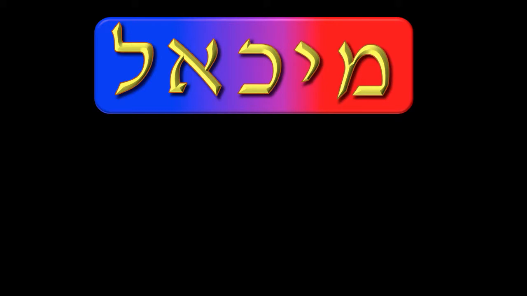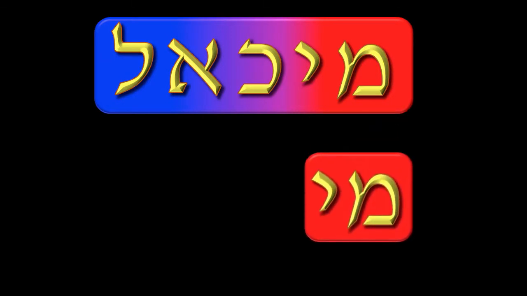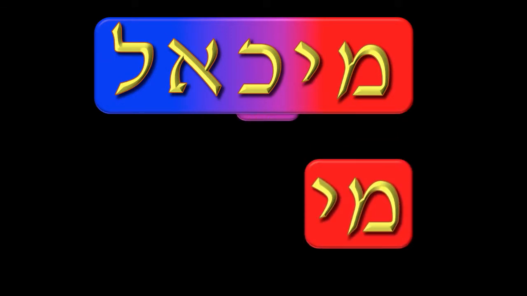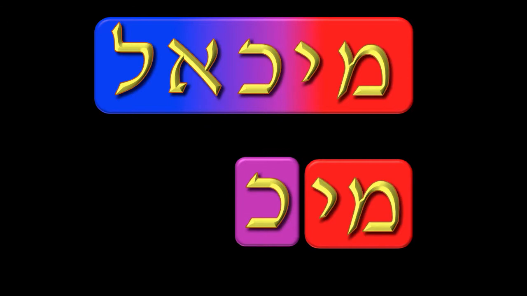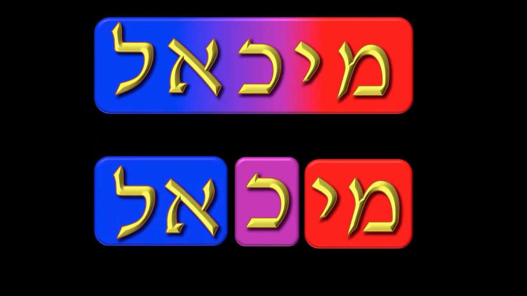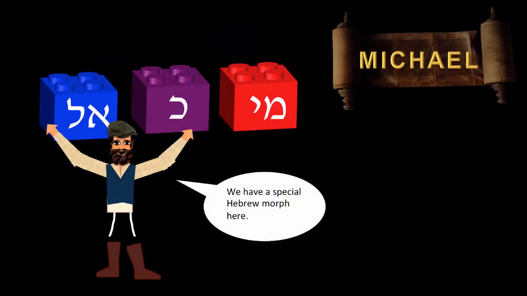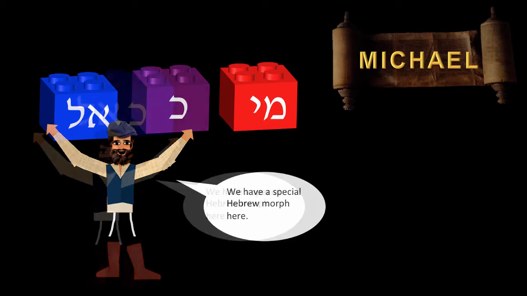I hoped you enjoyed the Hebrew morph of Michael, and you saw how Michael is actually broken up into 3 Hebrew units. And that's what makes up who is like God. Let's look at it another way. Let's see the special morph that we have with these units.